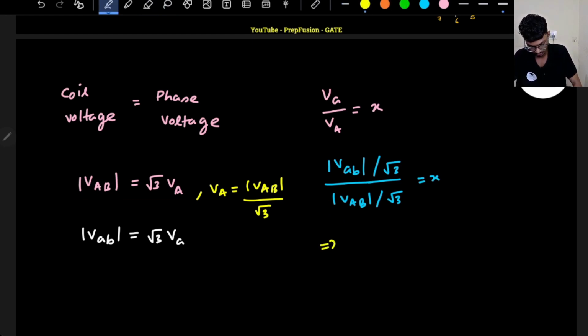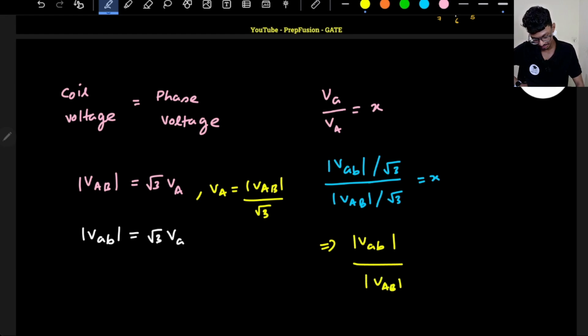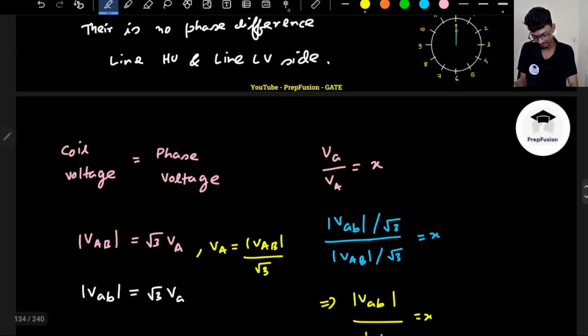So from here the ratio of line voltages I can find out. The ratio of line voltages will be the magnitude of small VAB over capital VAB, which is x, same intact as the coil voltages. So do we need to remember this? I hope you can derive this, right? It will hardly take you 20 seconds.